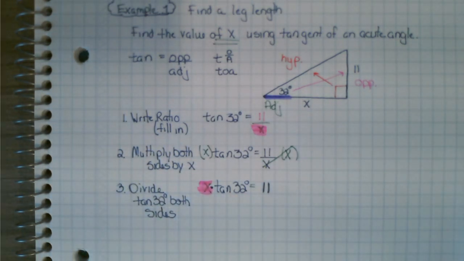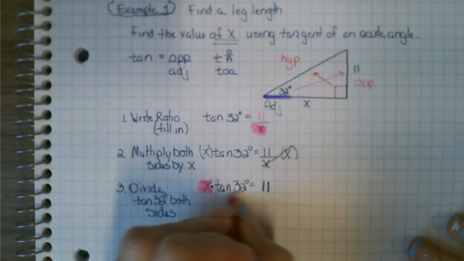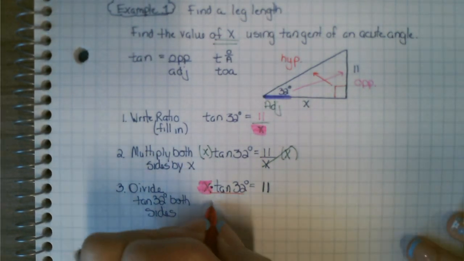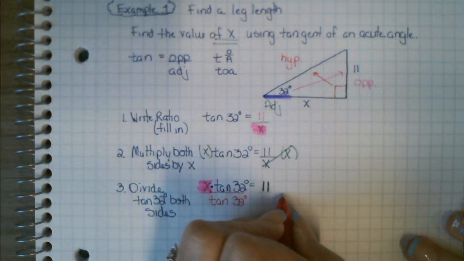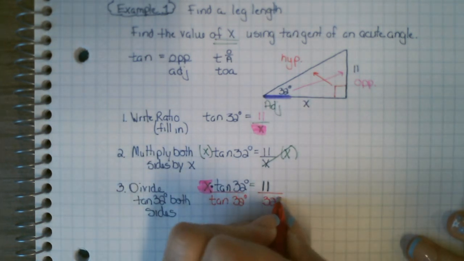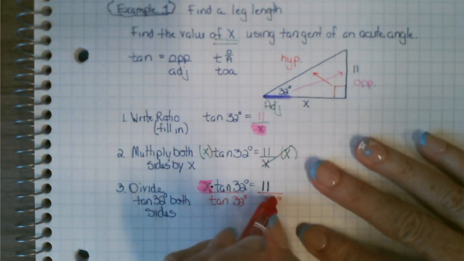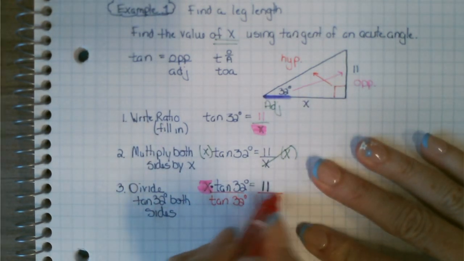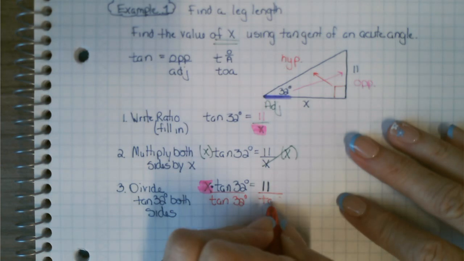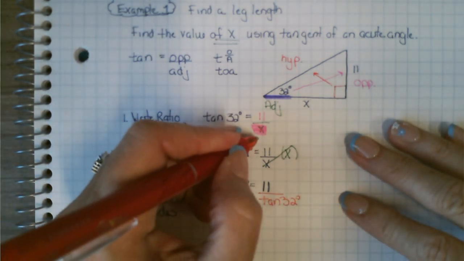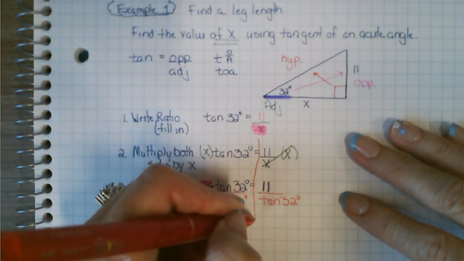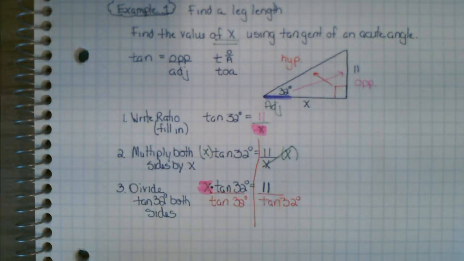Alright, so I'm going to take that tan 32 and I'm going to divide it on both sides. Now, oops, I forgot to write the word tan. Don't forget to write the word tan. So tan 32. If you need to, draw your line going down so you know which side's which.